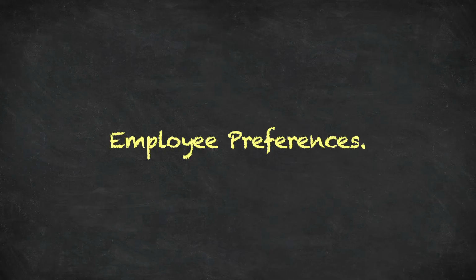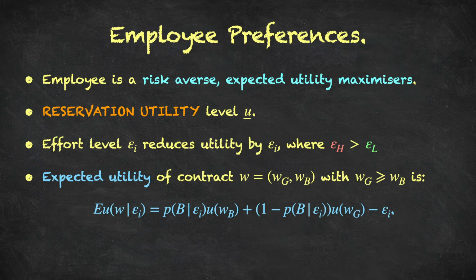Now that we've developed the tools to analyze a firm's costs, let's look at employee preferences. So we're going to assume that the employee is a risk-averse expected utility maximizer, and so their preferences are represented by expected utility with a strictly increasing and strictly concave von Neumann-Morgenstern utility function.